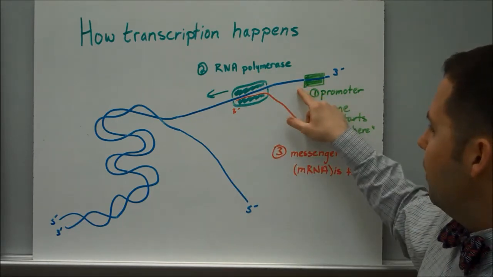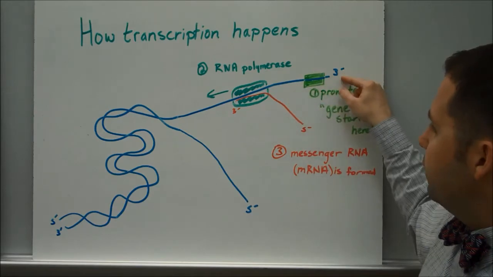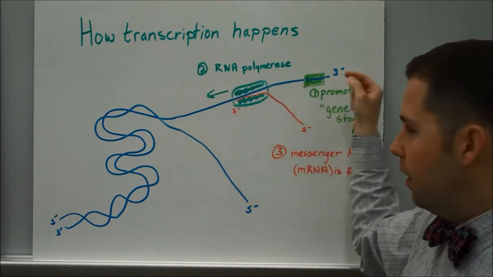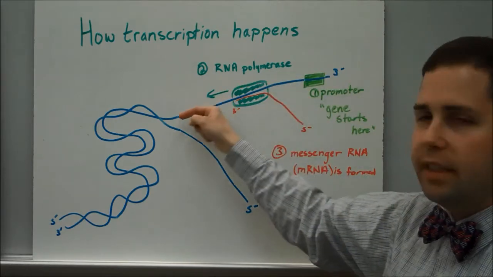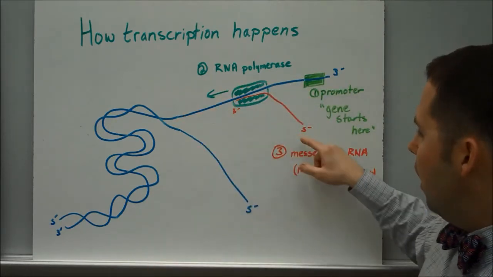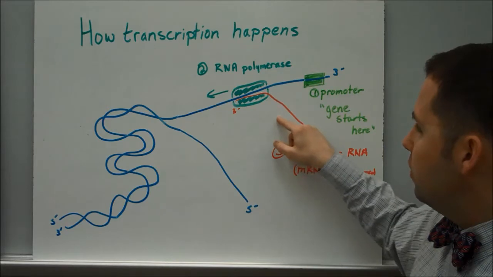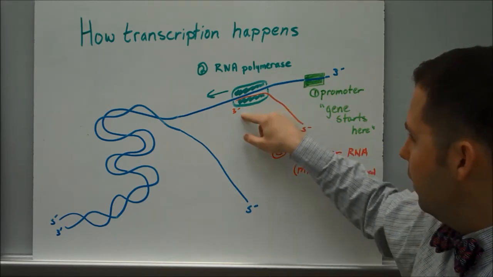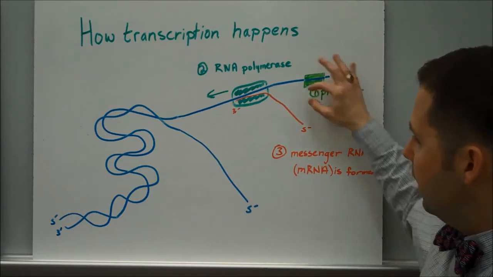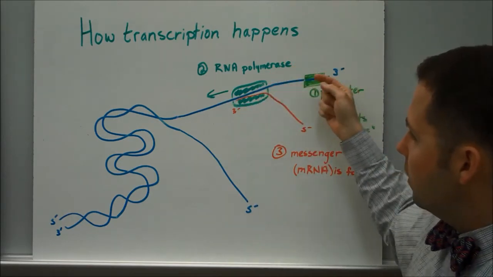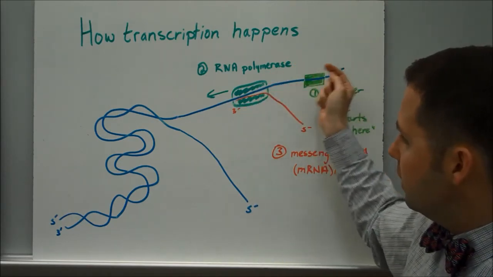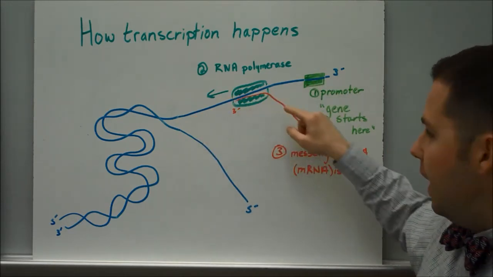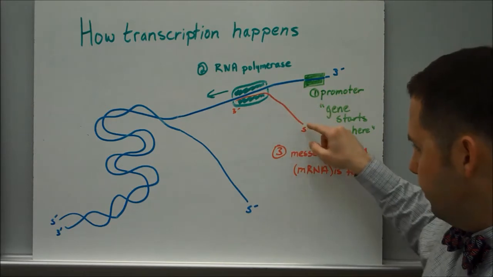It sticks down near the promoter and moves 3' to 5' along the DNA molecule. As it moves in this direction along the DNA molecule, a new RNA molecule is being made in the direction of 5' to 3'. So remember, these strands are anti-parallel. This molecule of RNA polymerase is zooming along, and as it's doing that, it's creating a new RNA right here in red.